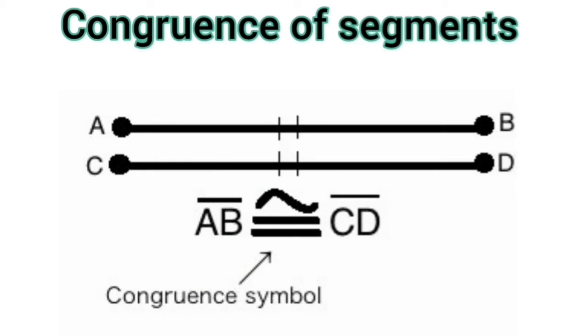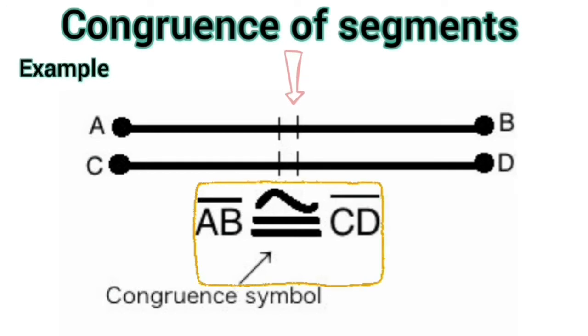In this on-screen figure, seg AB and seg CD are shown by the congruence symbol, a double tick, and it is written by using this symbol. Now we have understood line segments that have the same length are called congruent segments.